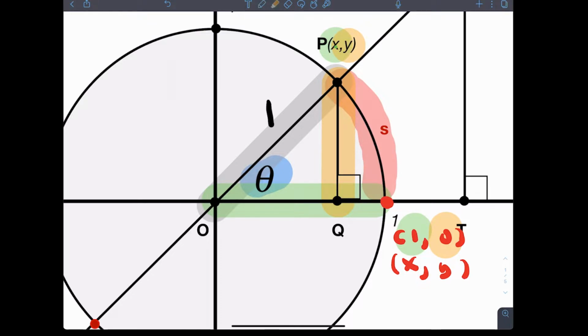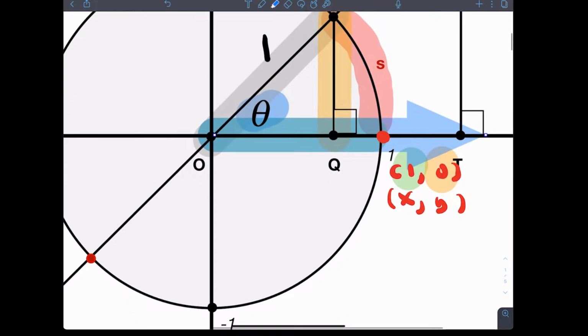And so if your ray didn't even move, what angle are we referring to? Right? You didn't even move that ray.